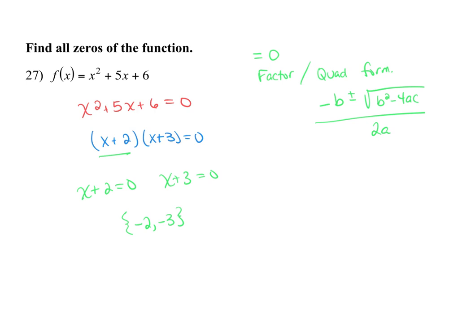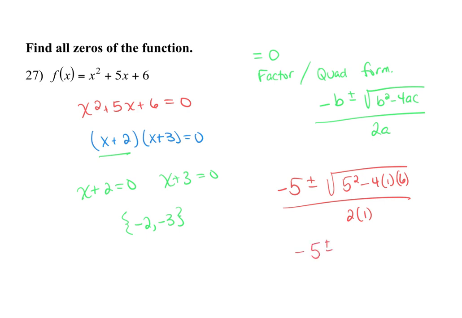If I could not factor it, I would plug it into the quadratic formula. I would say negative b plus or minus the square root of b squared minus 4 times a times c, all over 2 times a. This is going to be 25 minus 24, so that's the square root of 1, which we know is 1.